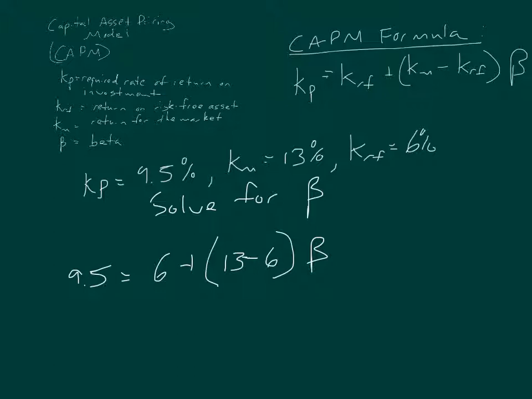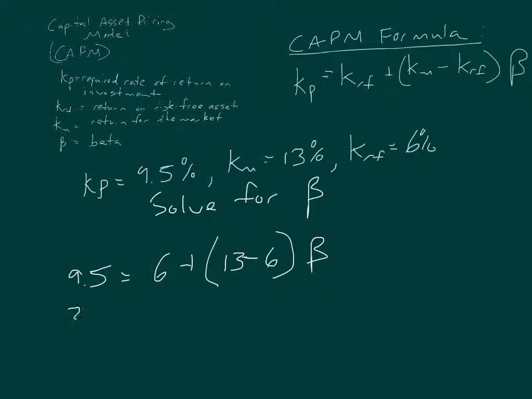So, first thing I would do, looking at this, I'd subtract 6 from both sides. We're trying to solve for beta, right? So if we're going to solve for beta, we want everything that's dealing with beta on one side of our equation. So we're going to get rid of our 6 by subtracting 6 from both sides.